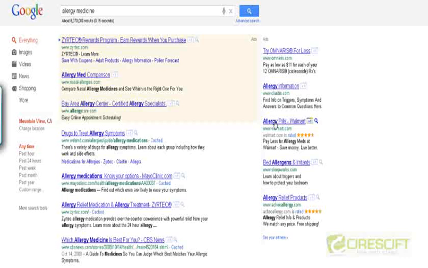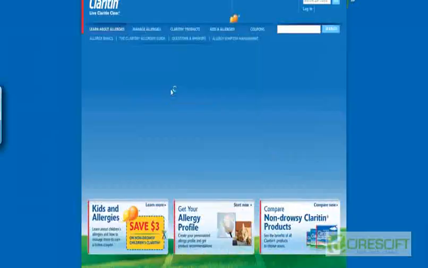So it's a cost per click model. They would not have to pay Google anything just for an impression. So just for showing allergy information, www.claritin.com does not have to pay Google. But if I click on it, then they just lost a small amount of money.